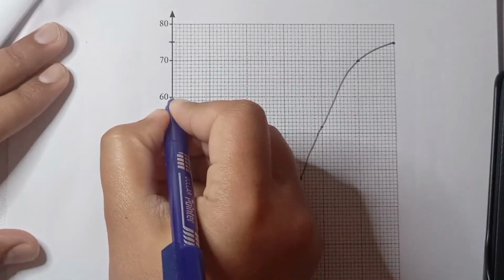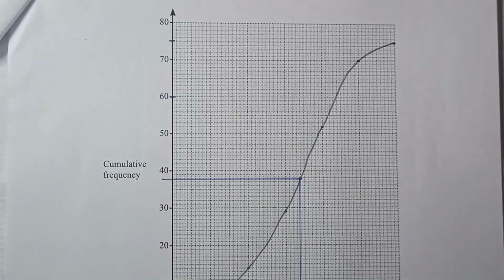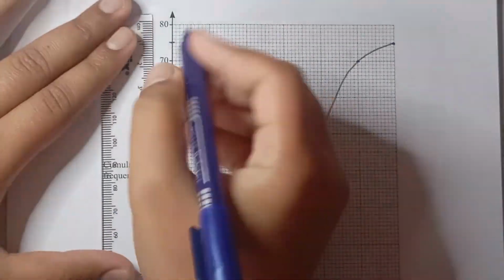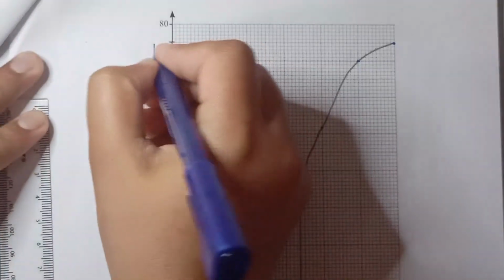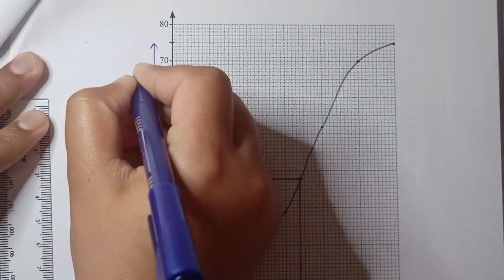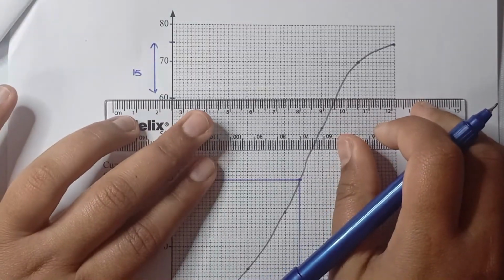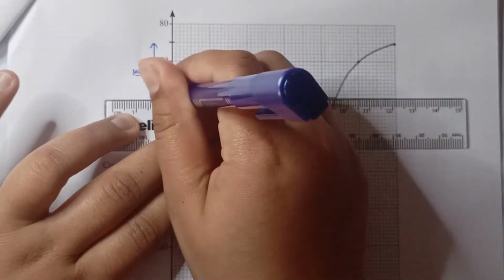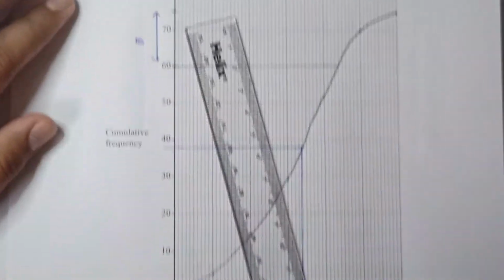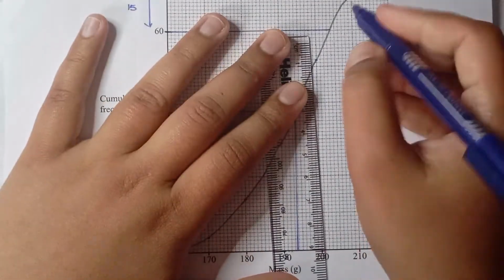So at 60 this would be the maximum mass. So this class is representing 15. From 75 to 60 this is 15, and at 60 let me find the mass in grams.